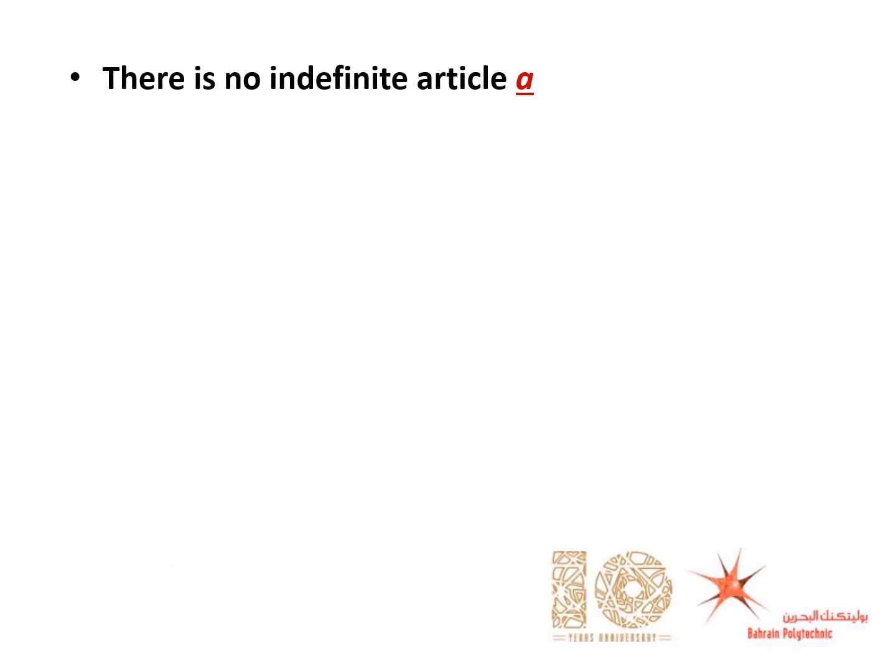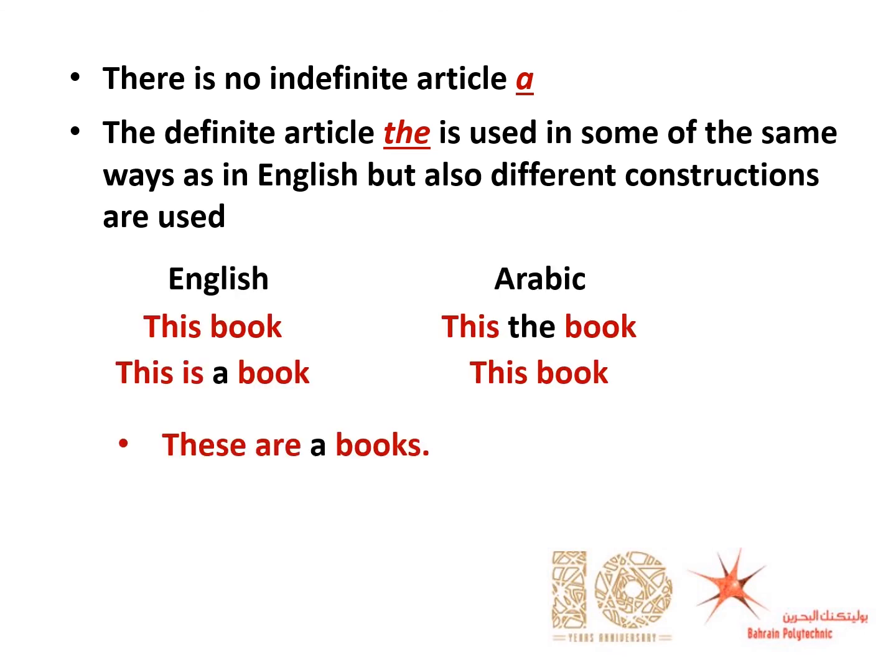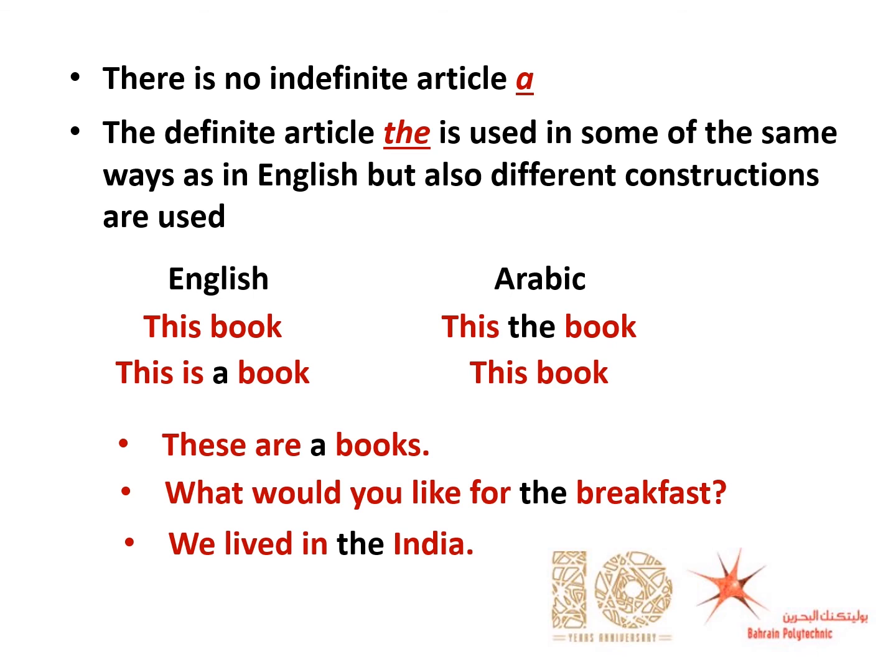And finally, the use of articles. We don't have indefinite articles, especially in the Arabic language, so there is nothing that represents the use of a. The definite article is used in the same way as in English, but the construction sometimes is different. So let's look at all these examples and explain them.